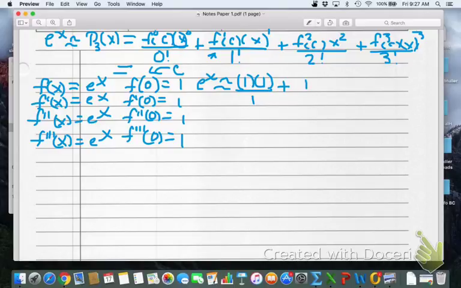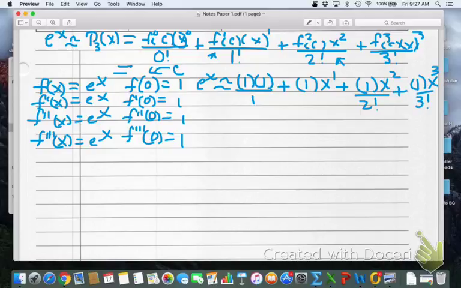C is also 1 times x to the 1 over 1 factorial, so we'll just leave that alone. We don't need to put a 1 maybe in the denominator. And then here we are with our third term, so now I'm right here, and the second derivative is 1 times x squared over 2 factorial. I'll leave the 2 factorial there, and then let me see if I can sneak in this last term. Again, it's 1 x cubed over 3 factorial.